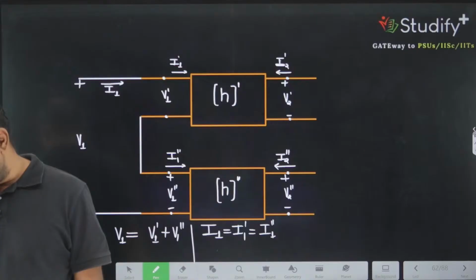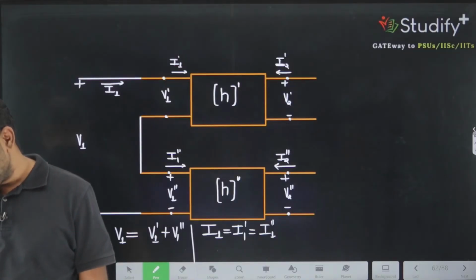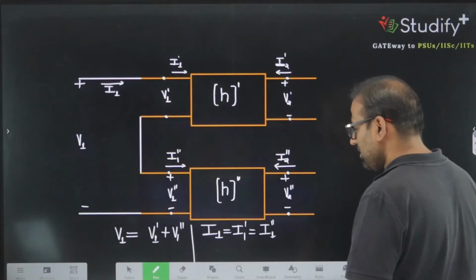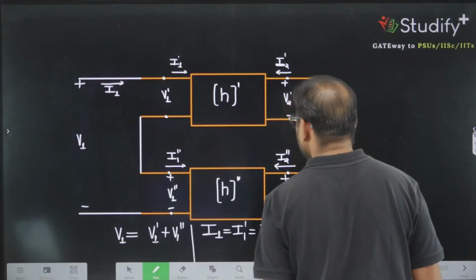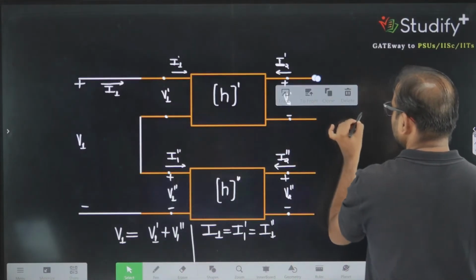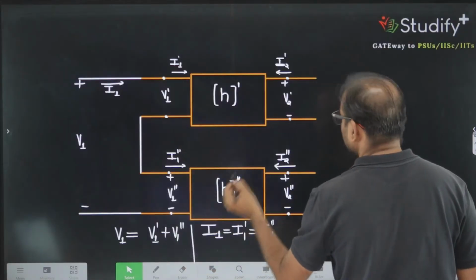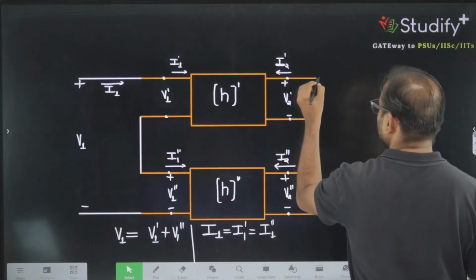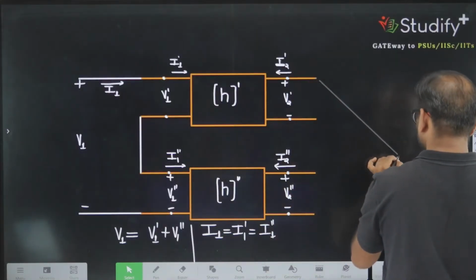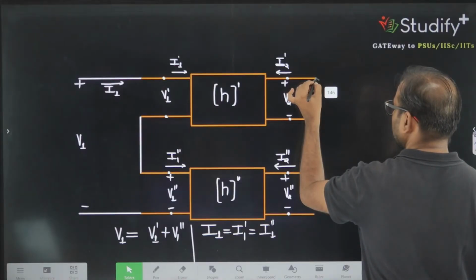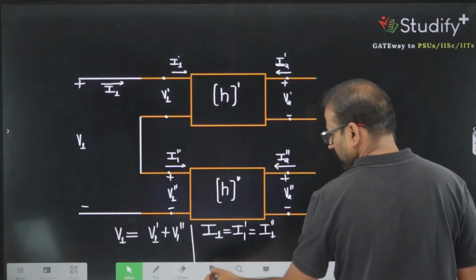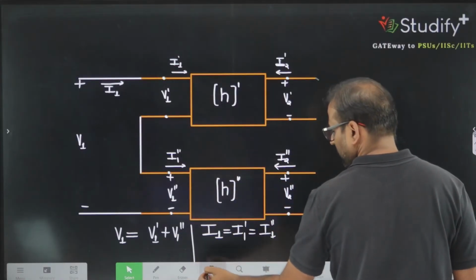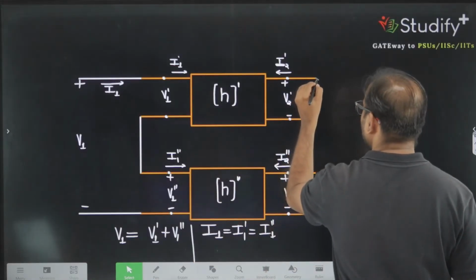Suppose you want to add the voltage at the output end, you have to have the parallel, you have to add the current at the output end. So suppose you want to add this.